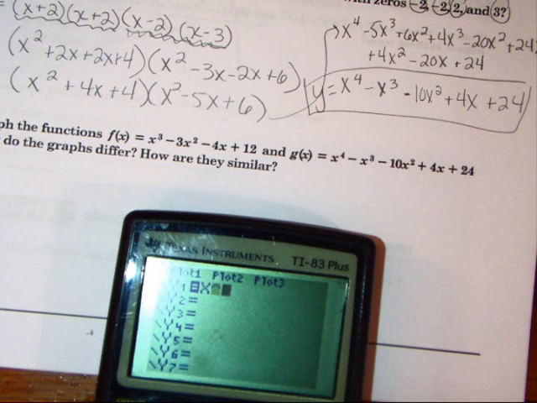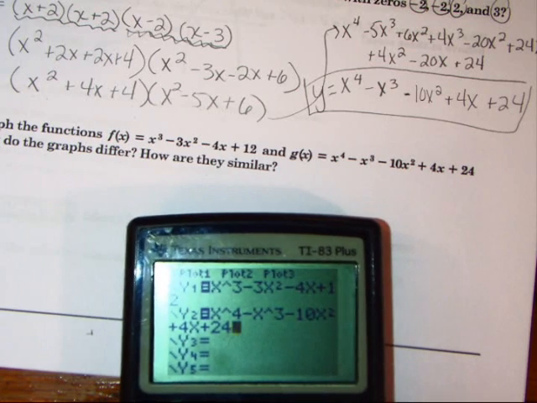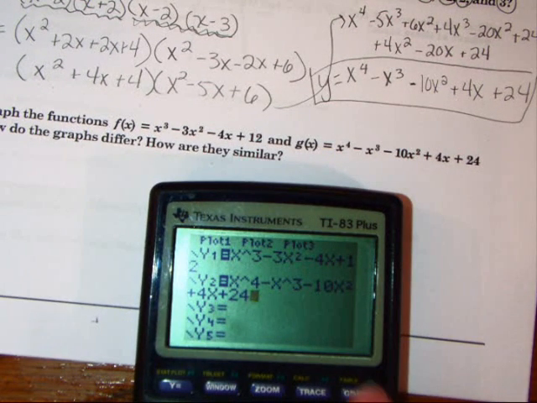X cubed, and you should practice this tomorrow, minus 3x squared minus 4x plus 12. Now that was the first equation from part A. And the last one, x to the 4th minus x to the 3rd minus 10x squared plus 4x plus 24. Now that we have both of the equations in, watch what happens when we graph it.